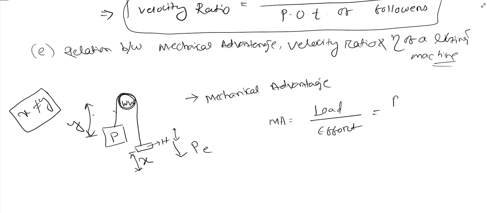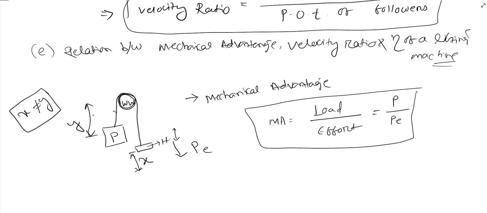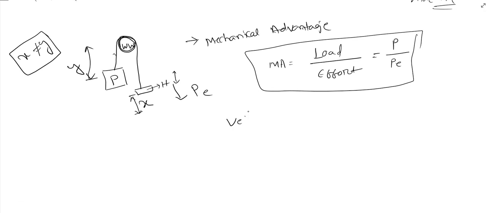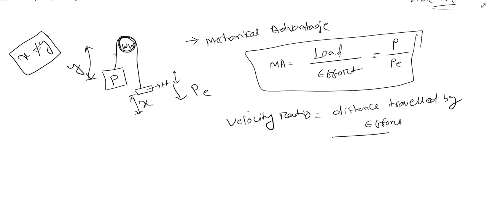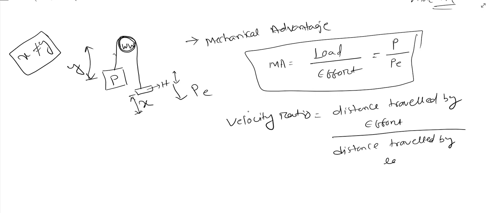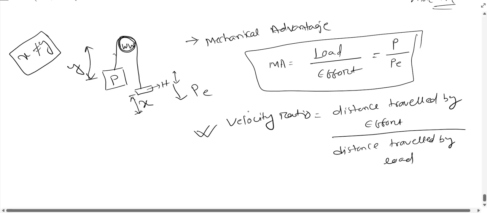That means P by PE is the mechanical advantage. Then velocity ratio for a lifting machine can be defined by the distance traveled by effort by distance traveled by load. This is the velocity ratio for a lifting machine.